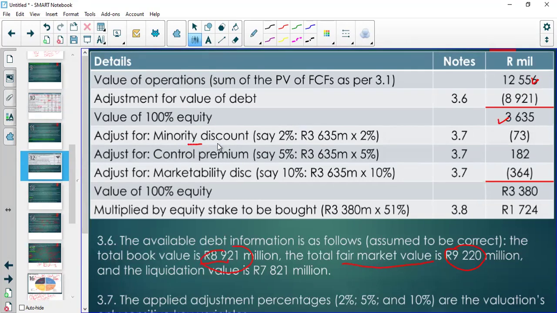And then they have minority discount and control premium. Here we don't have minority discount because I think they're acquiring 90%. So only a control premium will be applicable, right? Not a minority discount. So this is also wrong.